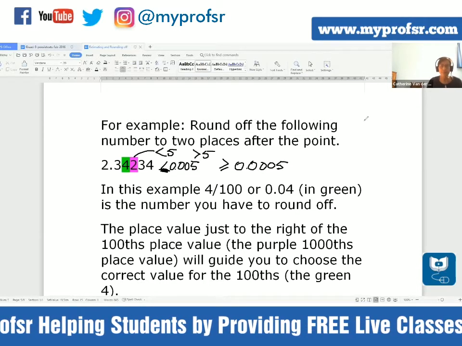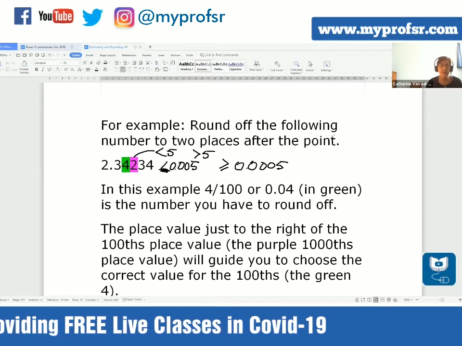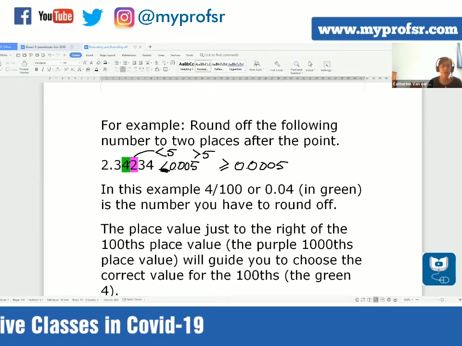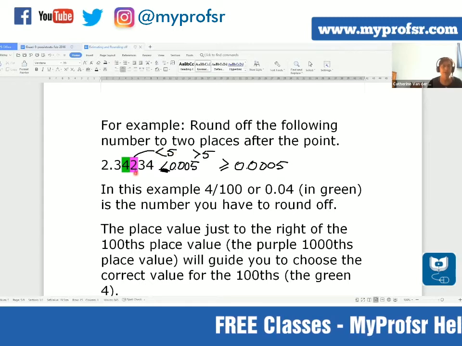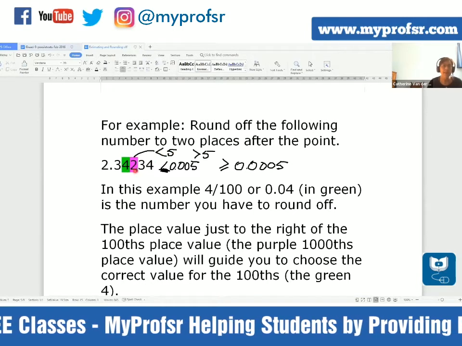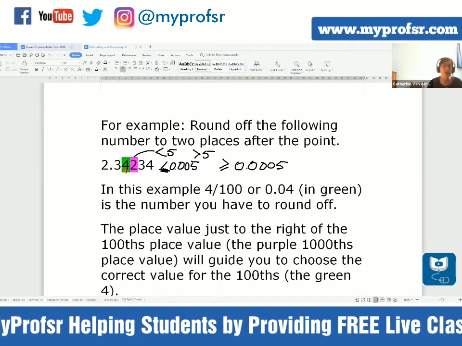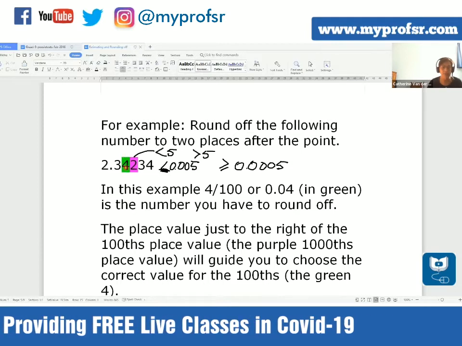Now, in this case, you can see that the 2 is in fact smaller than 5. Because it is smaller than 5, it is not going to change the value of the green place value.